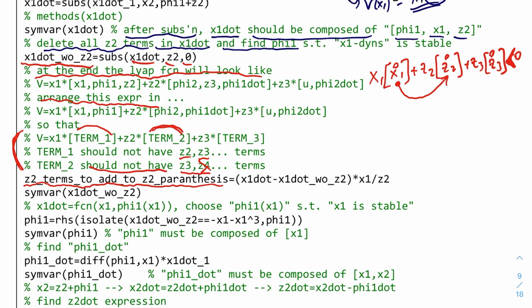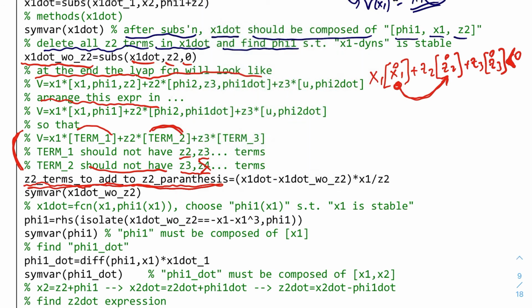That's why we call it this: if you have a z2 term, carry that to that, meaning z2 terms are added to z2 parentheses. In this program I call it z2 parentheses. How would you do that?